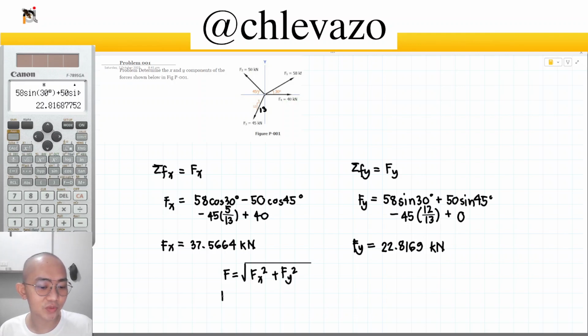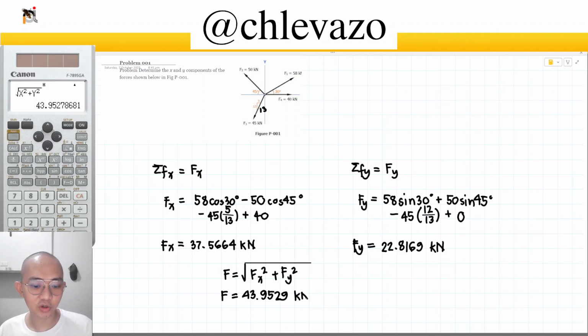Okay, and the value, i-diretso natin sa calculator, that would be square root ng x squared plus y squared. 37 and 22. So the answer is 43.9529.